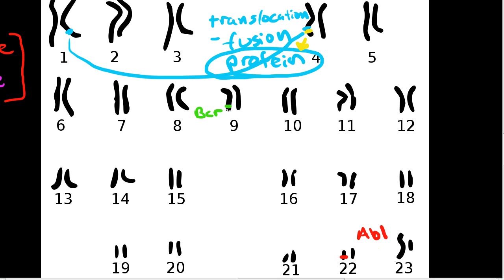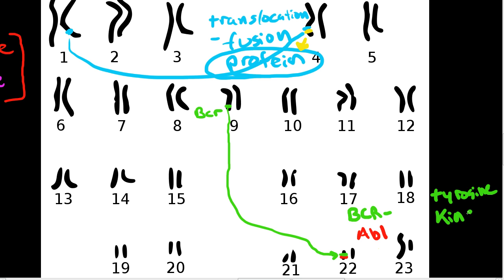During mitosis, there's sometimes an error where the BCR gets transposed and copied next to the ABL on 22. Then we end up with a weird gene fusion called BCR-ABL. This creates a new protein, a tyrosine kinase protein, that is actually part of the pathophysiology of CML, or chronic myelogenous leukemia.